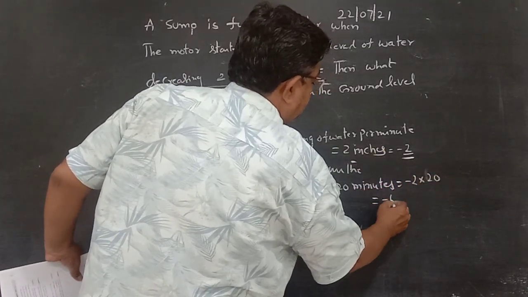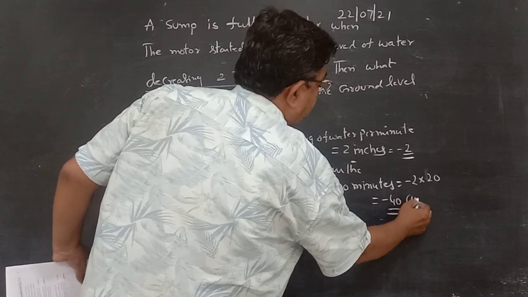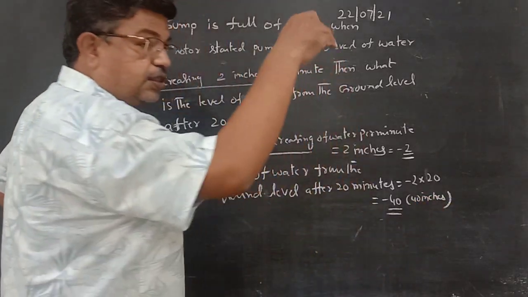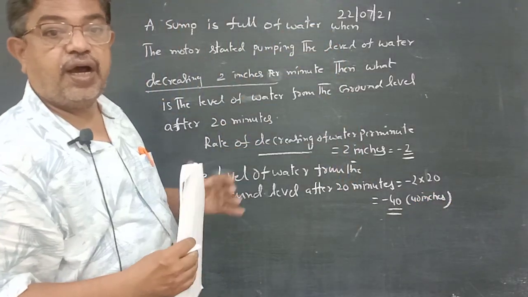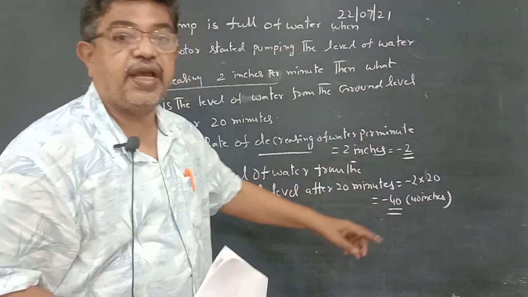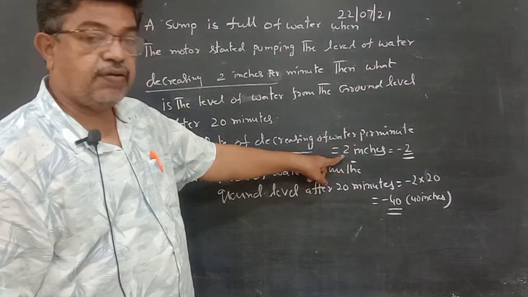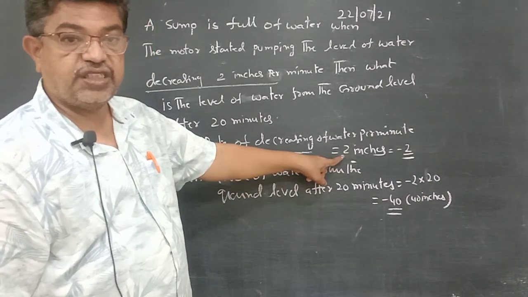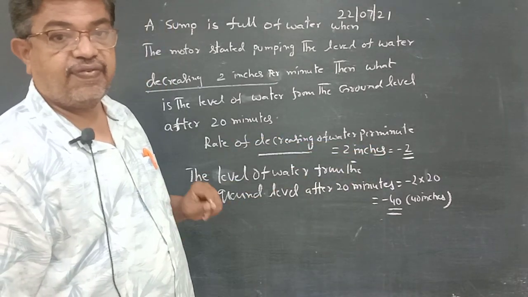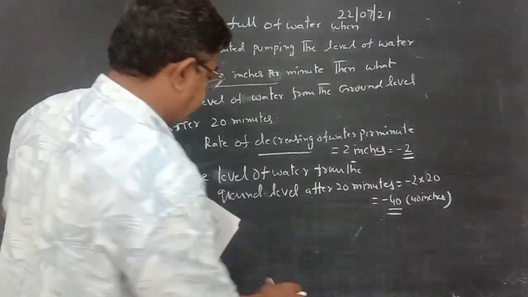So, the water level is decreased by -40 or 40 inches. 40 inches it is from the ground level. The water level is decreased. Therefore, I mentioned it with negative. Any doubt here? For each minute the water level is decreased by 2 inches, that is -2. After 20 minutes, the level of the water from the ground level is -40 inches.